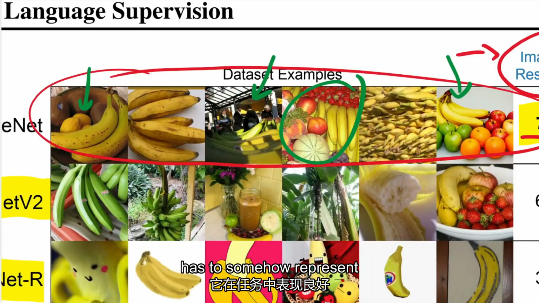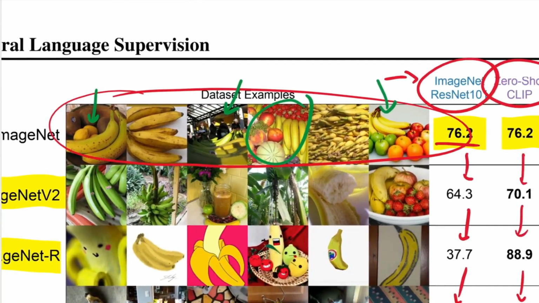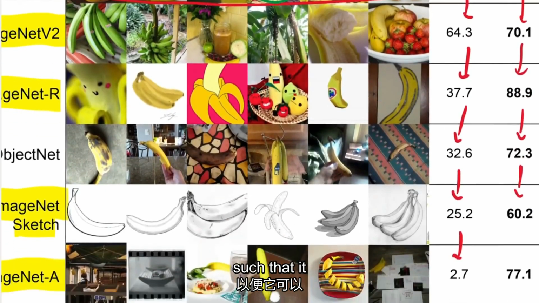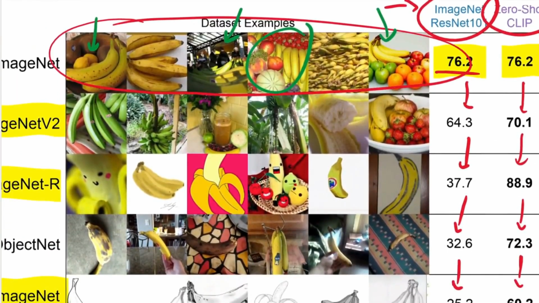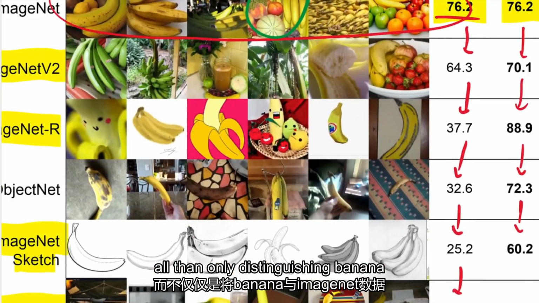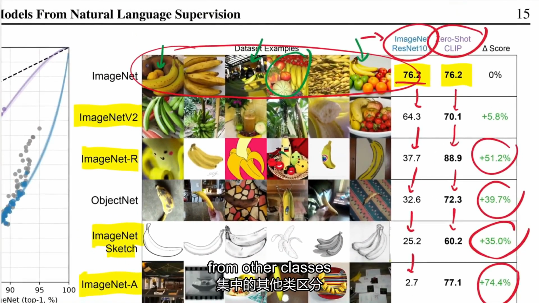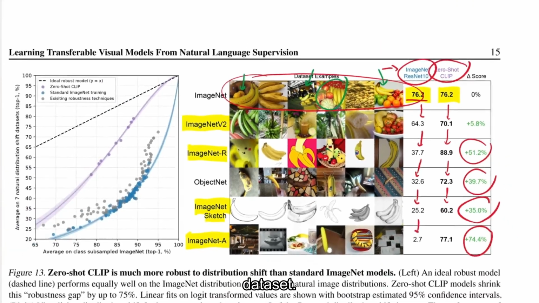It has to somehow represent all of this if it performs well on its task, and thereby its representation will be nuanced enough such that it can transfer more easily. It picks up on different features than only distinguishing banana from other classes in the ImageNet dataset.